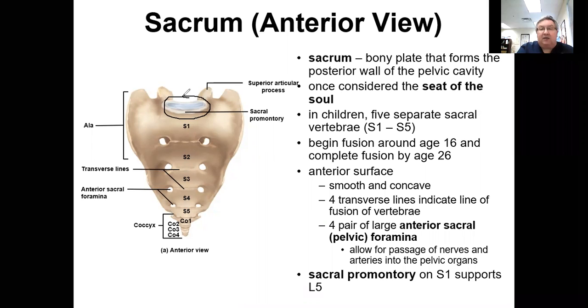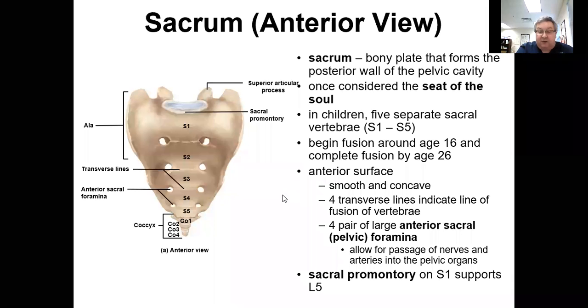I'm also going to need you to know the difference between the anterior sacrum and the posterior sacrum. The anterior sacrum is what you're looking at here. This area right here is a very, very smooth area on the anterior side.